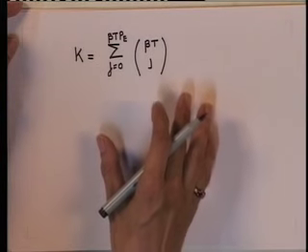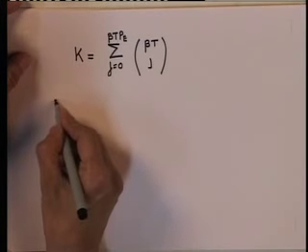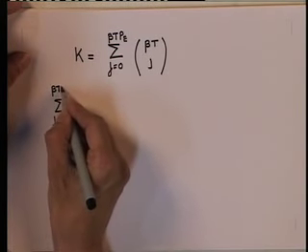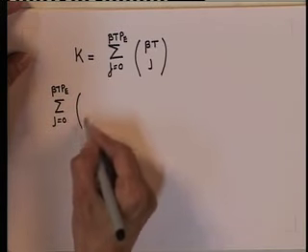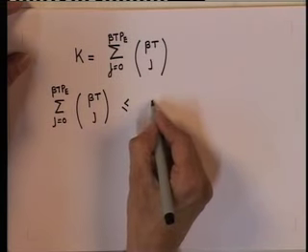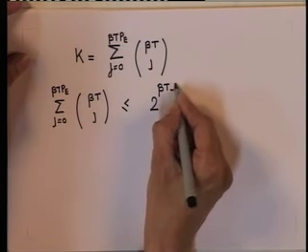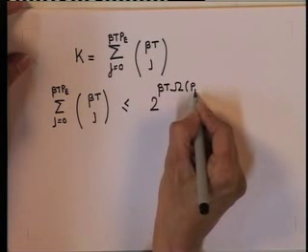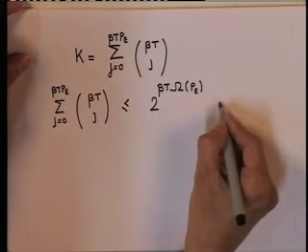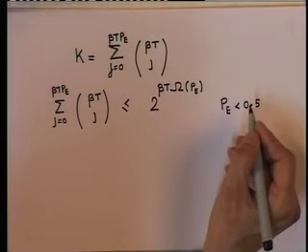Now, if we use an inequality which is often used in information theory, the summation is less than or equal to 2 to the power beta t times the entropy function, which is a function of the error probability, where the error probability is less than 0.5.